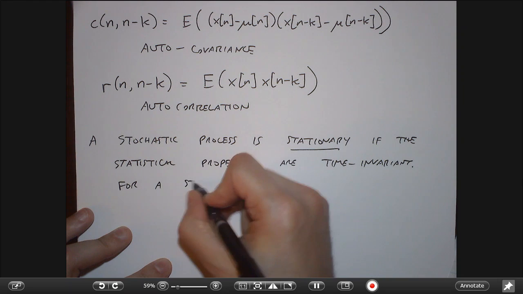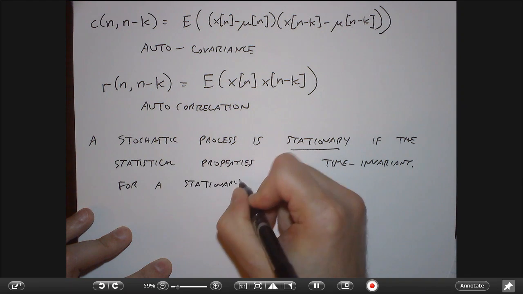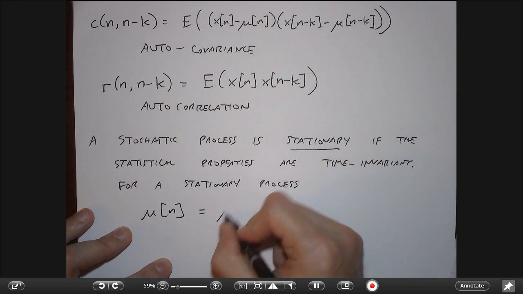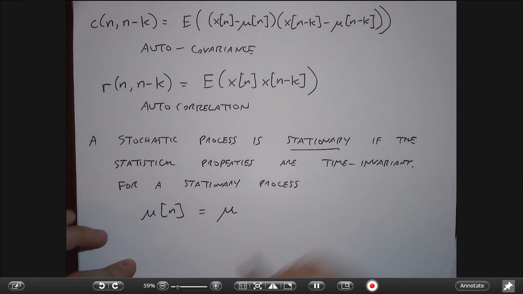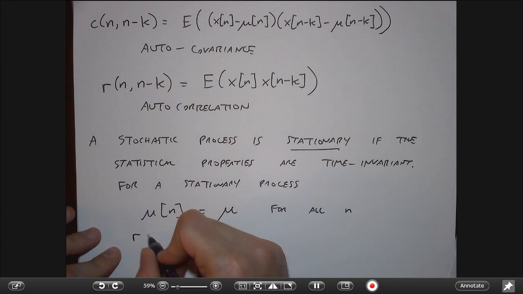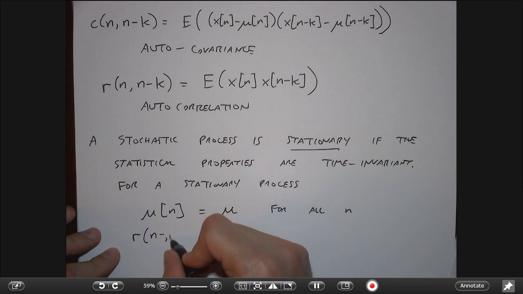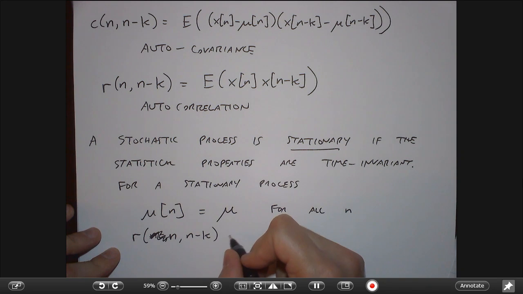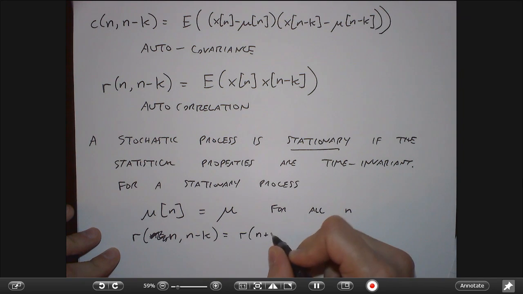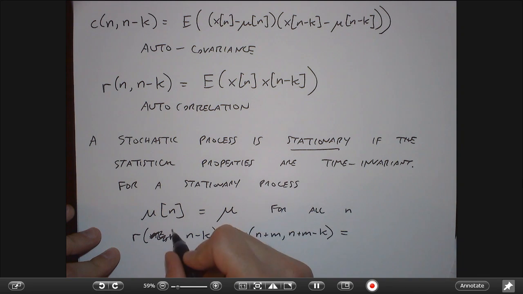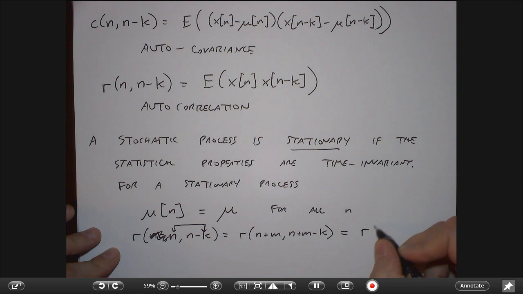For a stationary process, that means that the mean, for example, is always the same number, regardless of n. And in the same way, the covariance between a signal at two different points in time would be the same if I shifted those points in time by m. So all that matters is how far apart are these two numbers. And that way I can define a covariance as a function of this k.